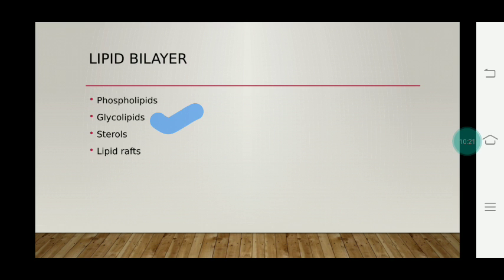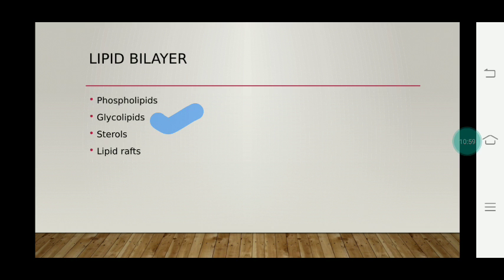Gangliosides are more complex glycolipids containing branched chains of as many as seven sugar residues. The glycolipids are found extensively in the outer leaflet of the plasma membrane, with the carbohydrate portion exposed on the cell surface. It means the outside of the cell membrane surface has glycolipids on the outer leaflet.